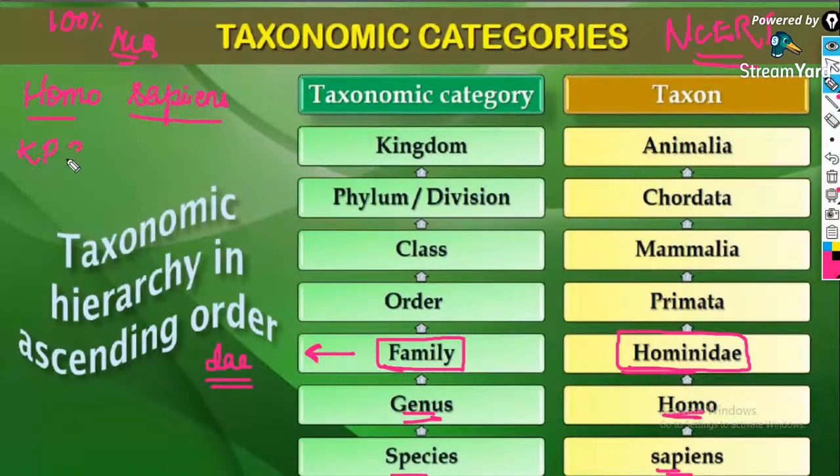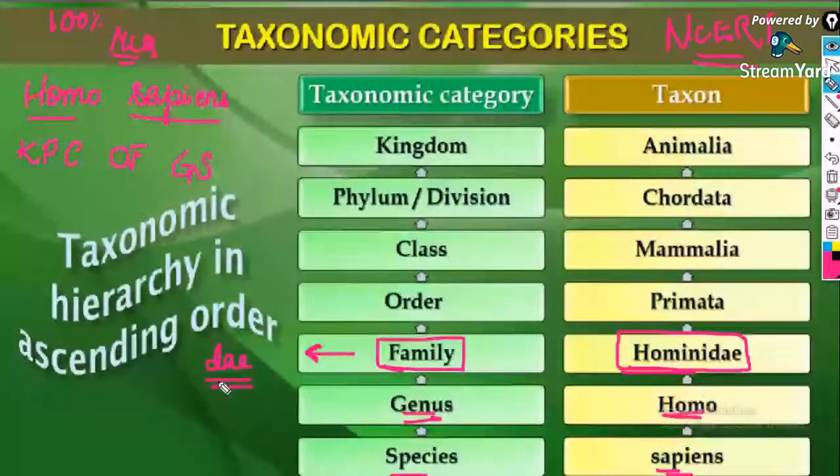KPC of GS: kingdom, phylum, class, order, family, genus, species. They will ask you to arrange the following in the correct sequence, ascending or descending order. In mammals, the family name ends with DAE: Hominidae, Muridae, Felidae.